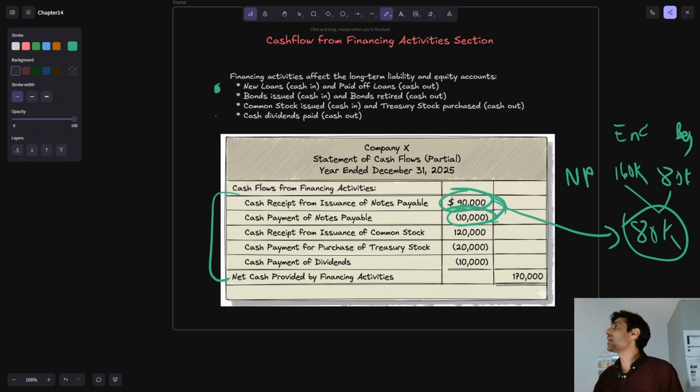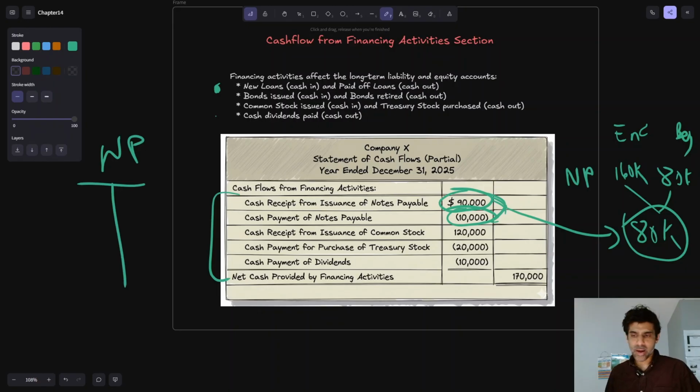Okay, so the balance sheet is only going to tell you the net change, and you will have to use whatever information is provided in the problem, in your financial records. You'll basically have notes payable, with a starting balance of 80,000 and an ending balance of 160, and you'll have 10K here and 90K here.